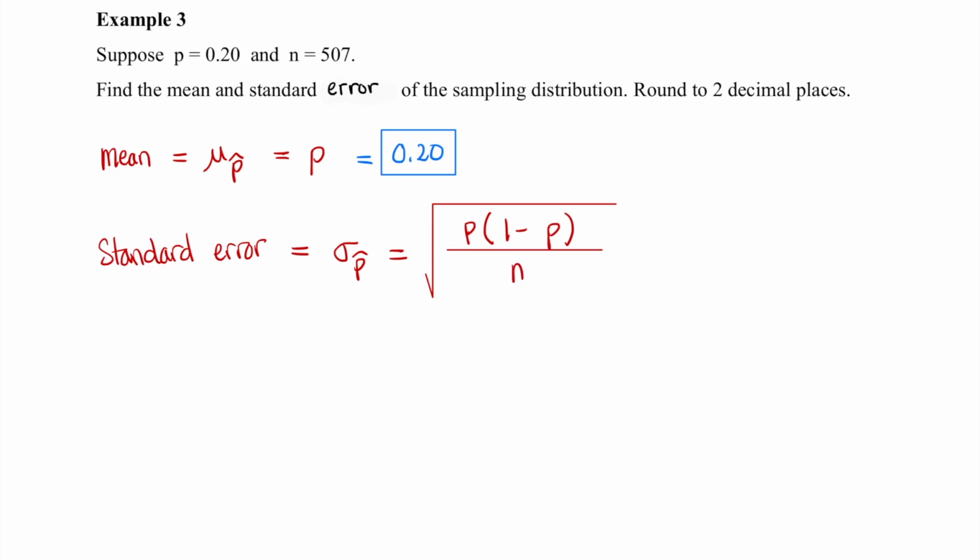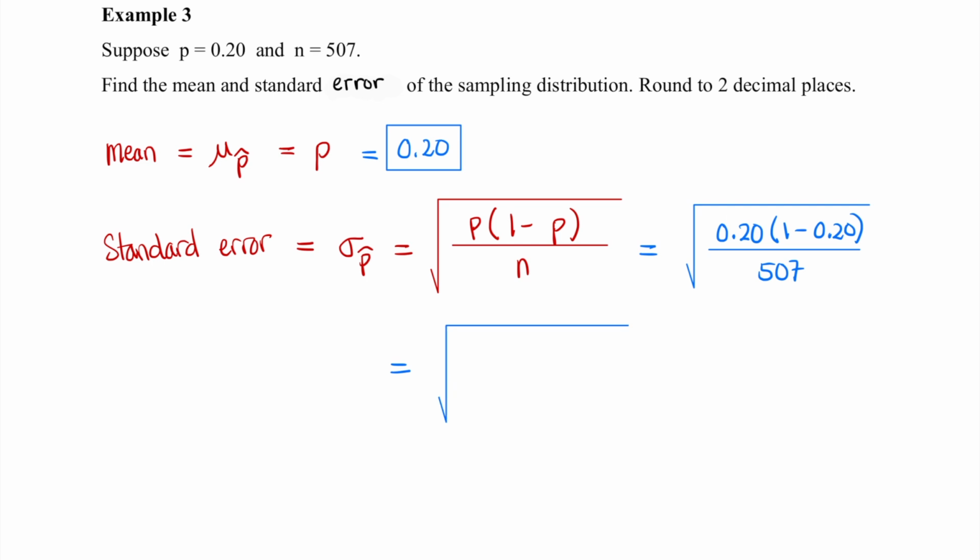We will replace p with 0.20 and replace n with 507. 1 minus 0.20 is 0.80. So we have the square root of 0.20 times 0.80 over 507.